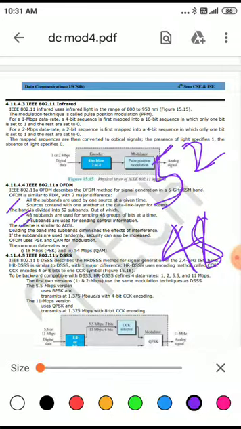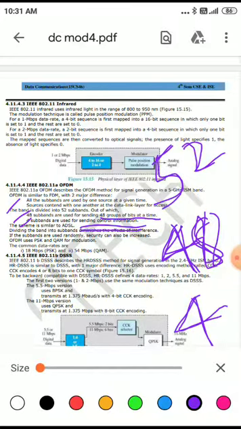Another 4 sub bands are used for sending the control information. These 48 sub bands are used for sending the 48 groups of bits at a time, and these four sub bands are used for sending the control information.